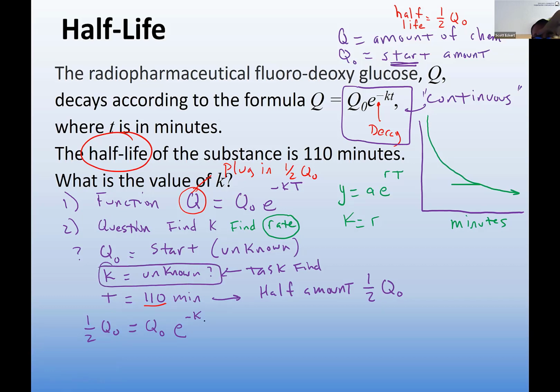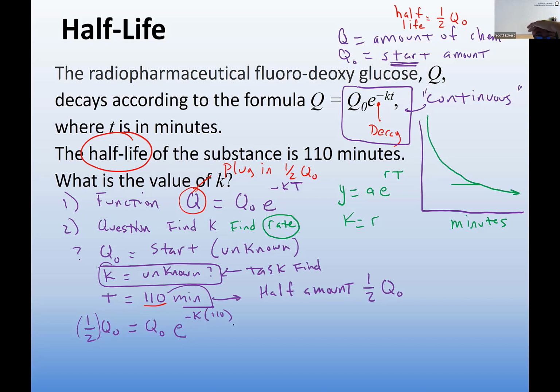But what about T? When I reach the 1/2 amount, how much is T? 110 minutes. So when I plug this in, I have technically two unknowns, and I need to find K.